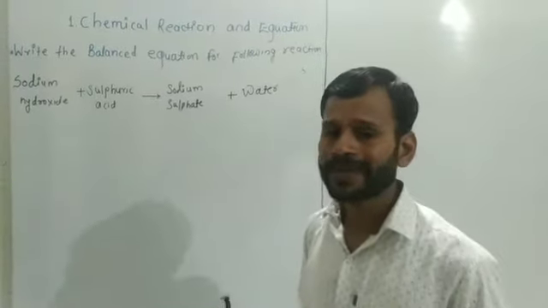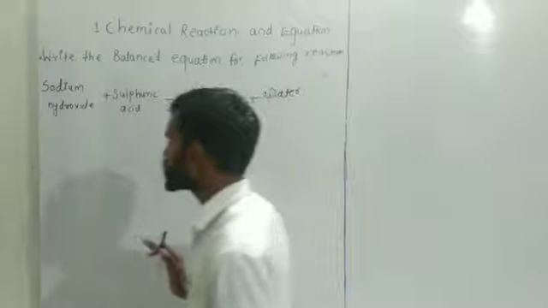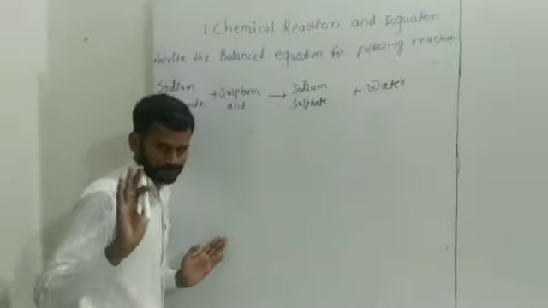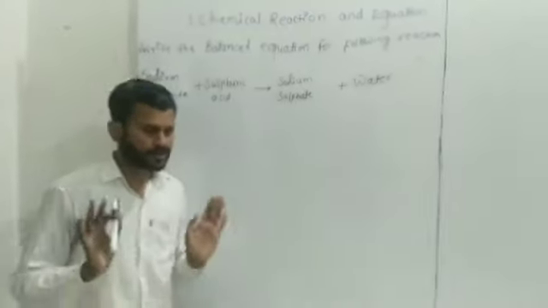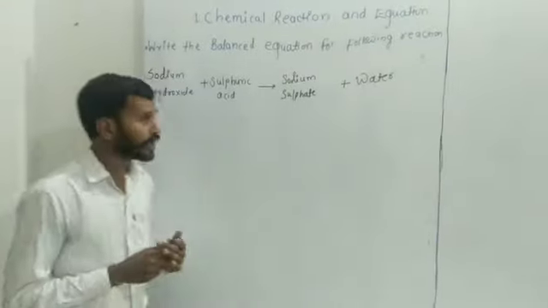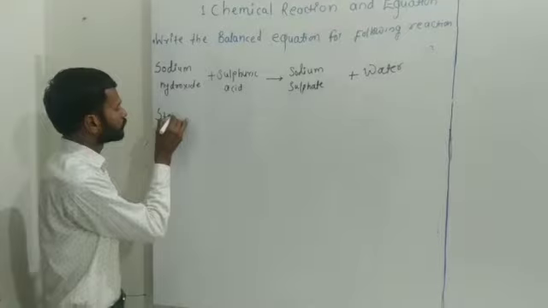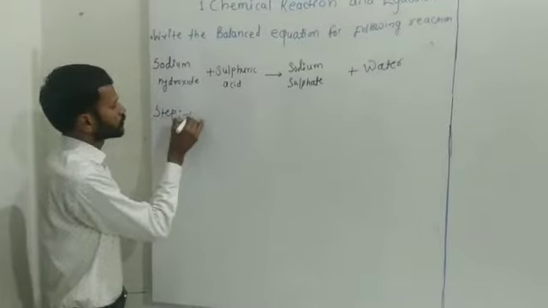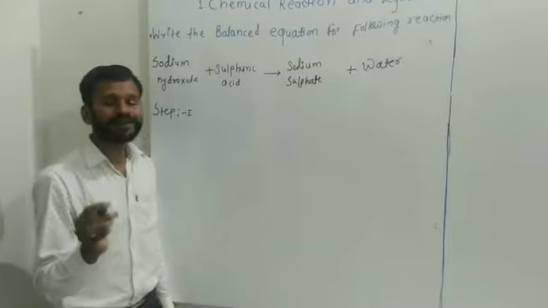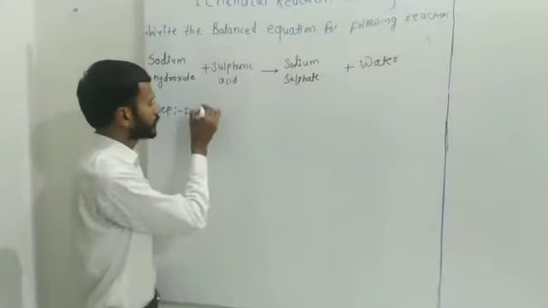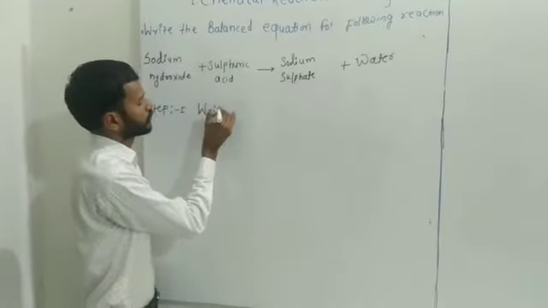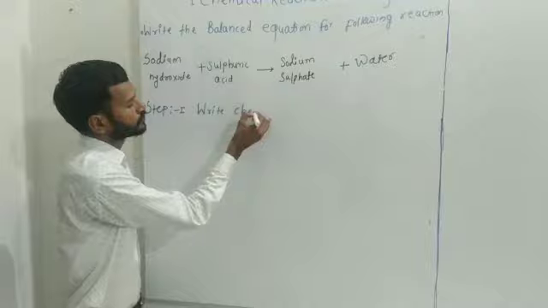Now we have to balance this chemical equation. To balance a chemical equation, we generally use 7 steps, though you can use 5 steps also. Step 1: write the chemical equation in word form.